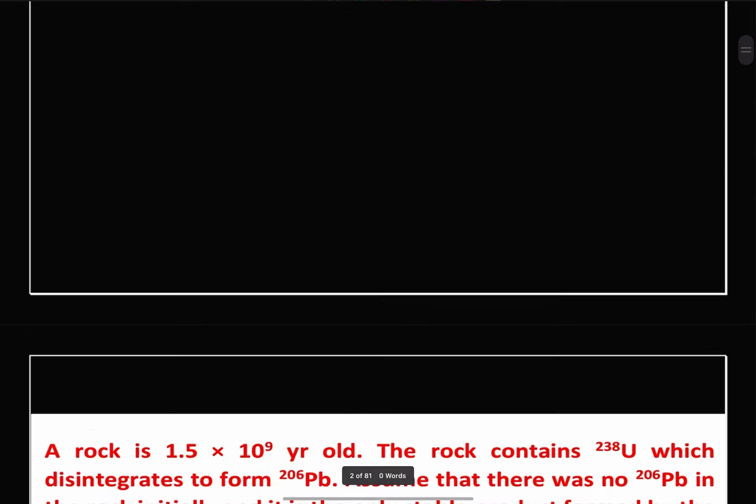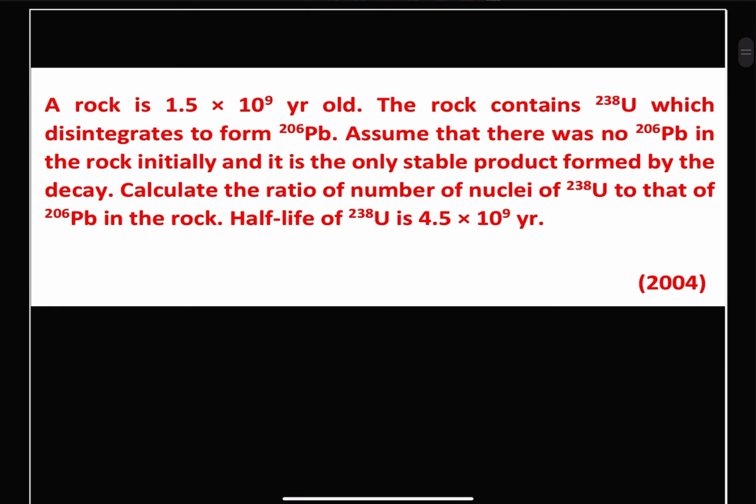Next question. It was also asked in the year 2004, and it states that a rock is 1.5 into 10 to the power 9 years old. The rock contains uranium-238, which disintegrates to form lead-206.